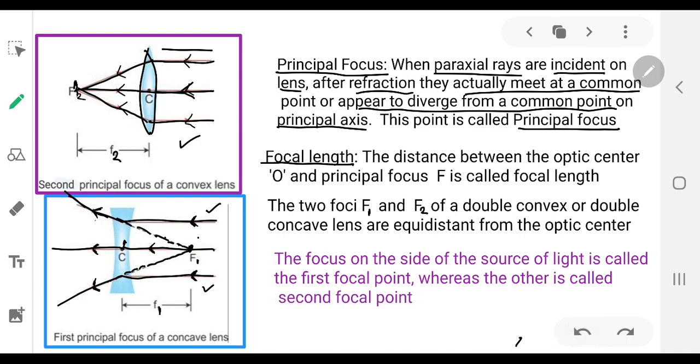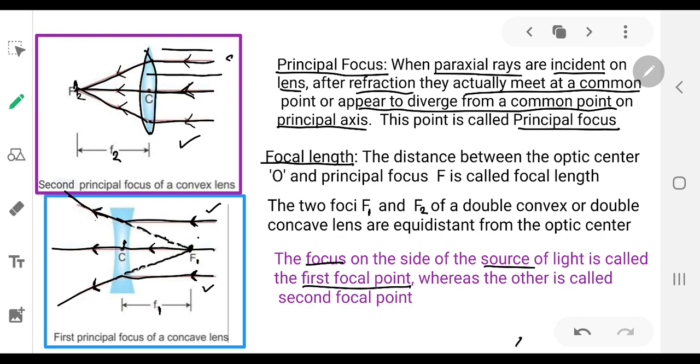Now, how do you decide which is F1 and which is F2? The focus on the side of the source of light is taken as the first focal point. Refer to the first diagram. Here are the rays of light.